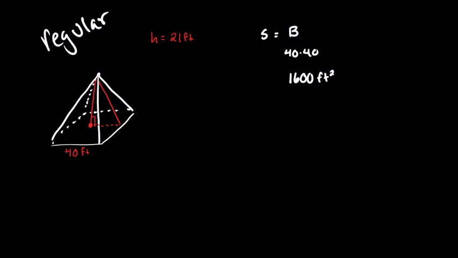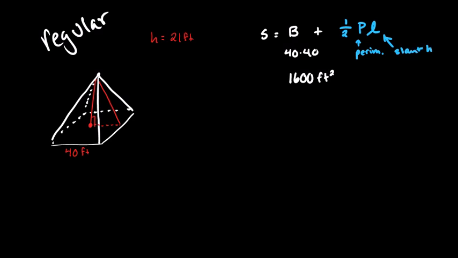Alright, now I need to figure out all of the faces. So how many faces do I have and what the area of them add up to. Now the formula in the book on page 811 gives you this piece of your formula, 1/2 PL. The P standing for perimeter of the base, and the L standing for slant height.